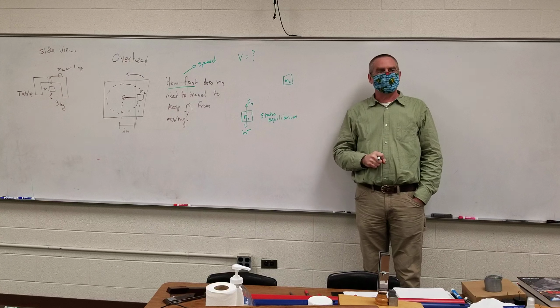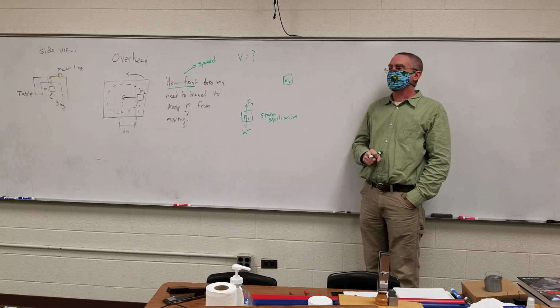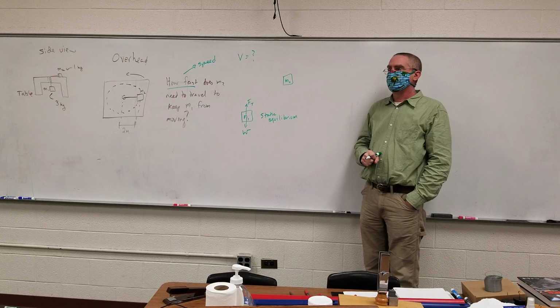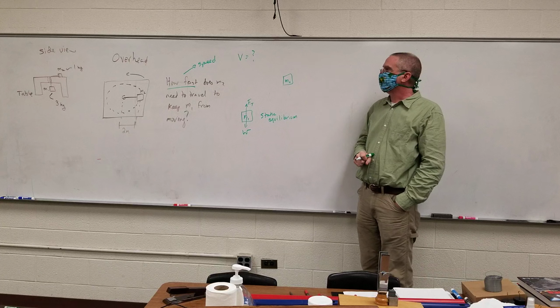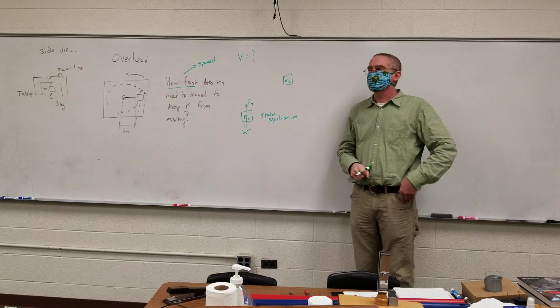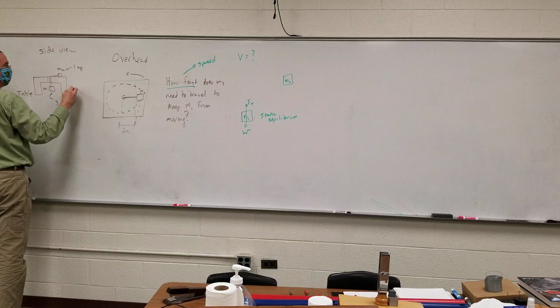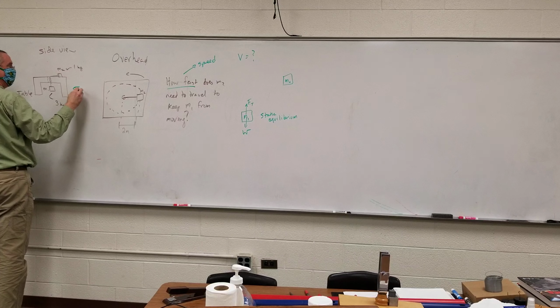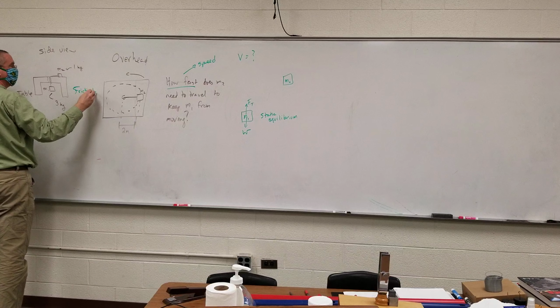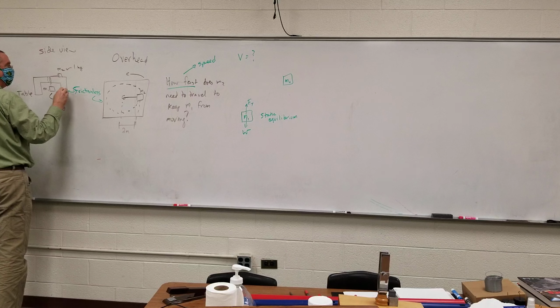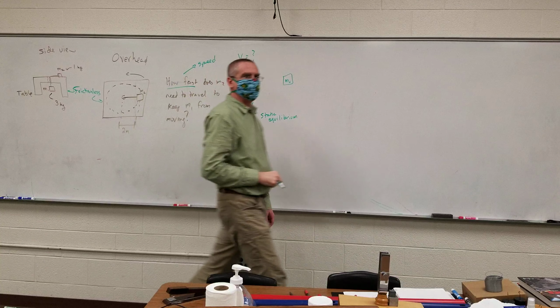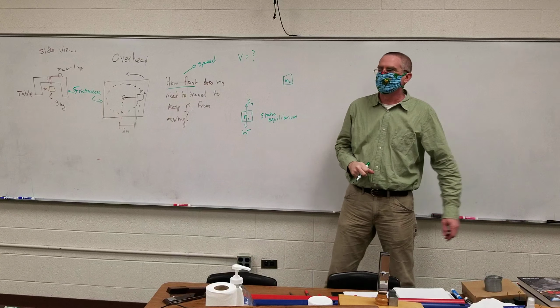Mass 2. I got 3 forces acting on mass 2. What are they? It's on the table. Friction. Oh, in reality, yes. Sitting on the table. But for this problem, no. Okay. So we got some more tension. We got contact.